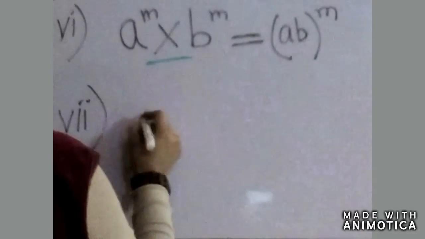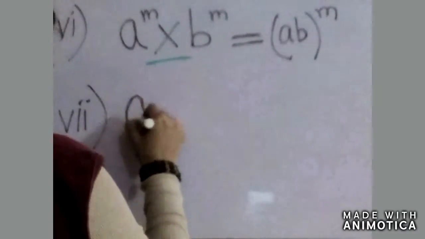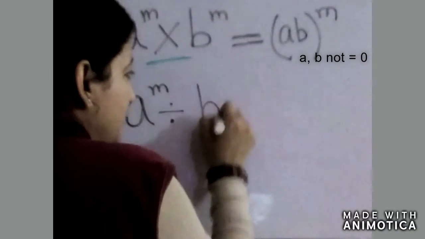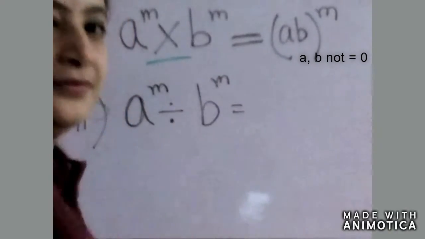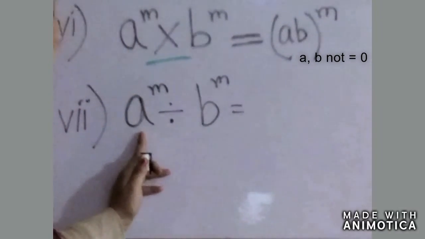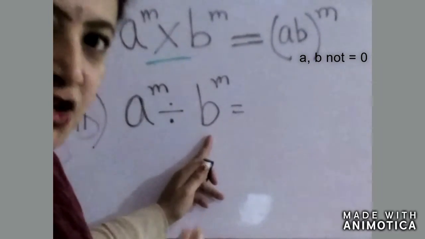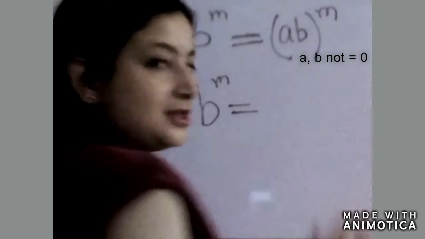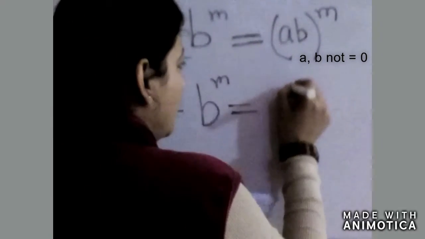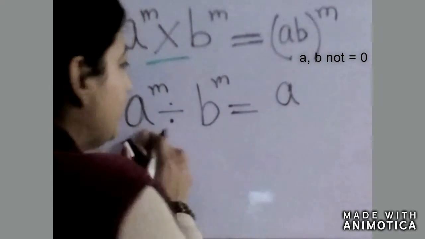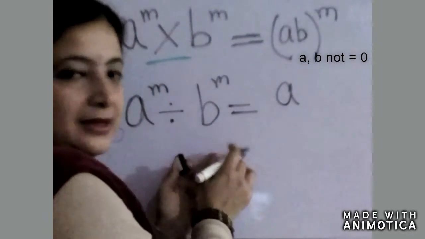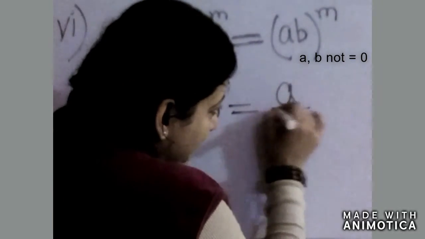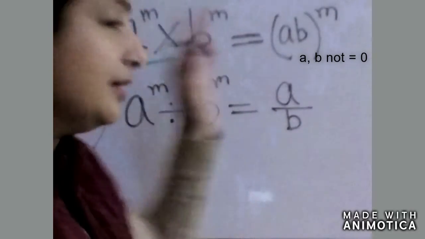And next is a to the power m divided by b to the power m. This is also the same thing. Here the base is different, here a, here b. So the base is totally different, but the power is the same. So again, first the operation, then the power. If it is simply a divided by b, what do we write? a by b. Just think of this one, forget about the power.